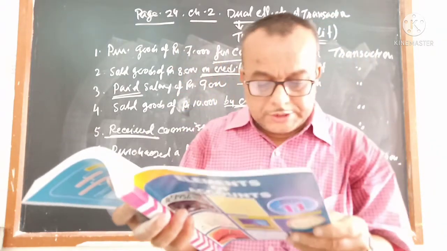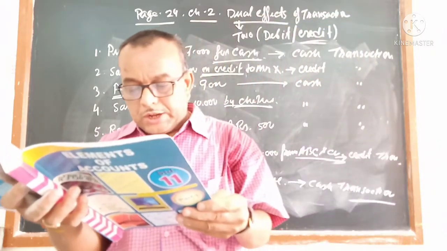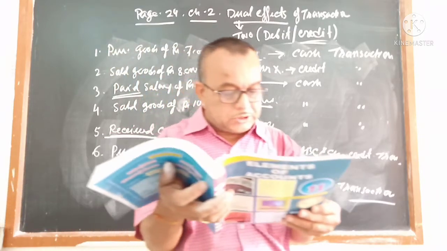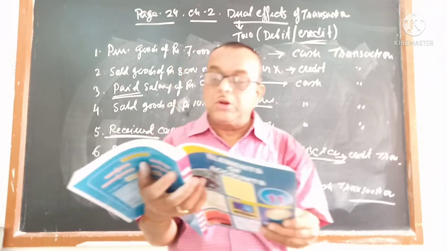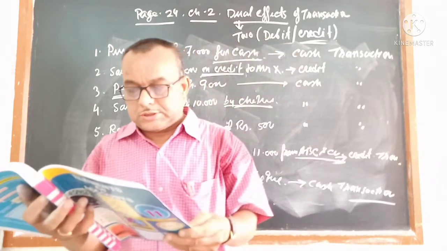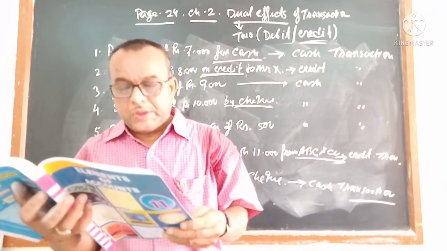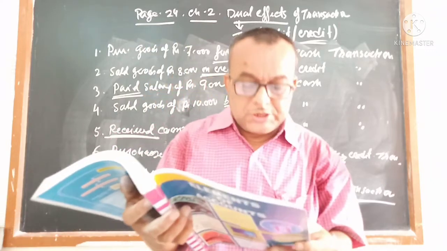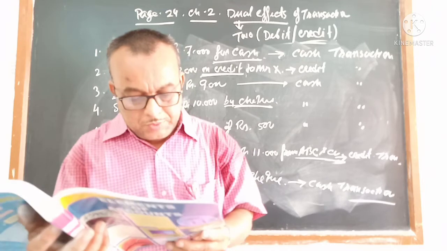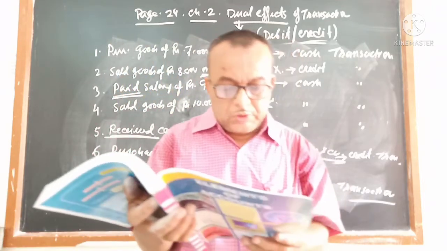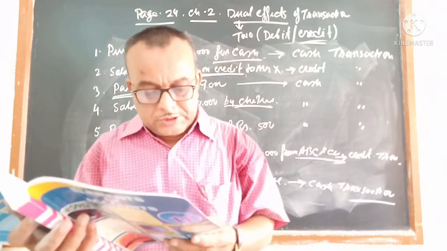Number 1, describe whether the following transactions are economic transactions or non-economic transactions and clarify the reasons for it. It is given economic transactions or non-economic transactions, not cash transactions and credit transactions. Assets purchased, obviously economic transactions. Assets purchased from Raha for rupees 12,000 on credit, economic transactions.